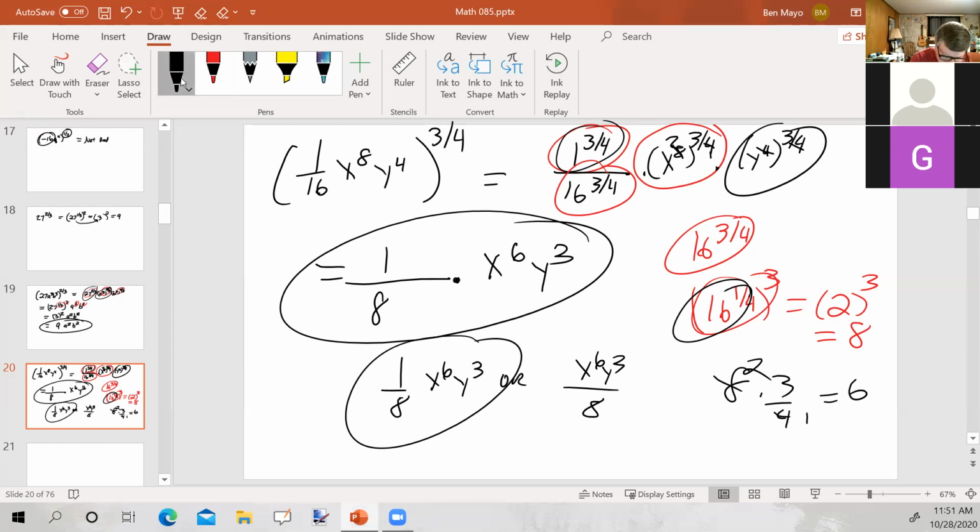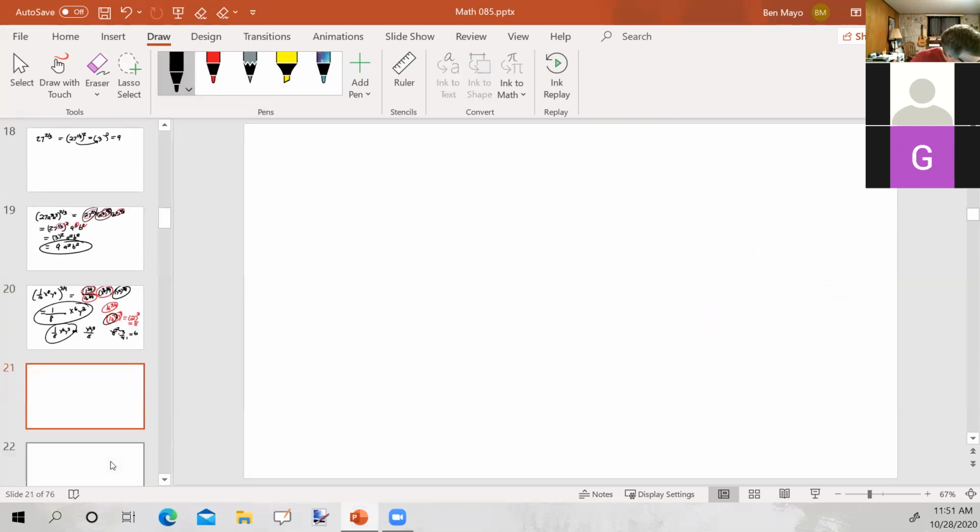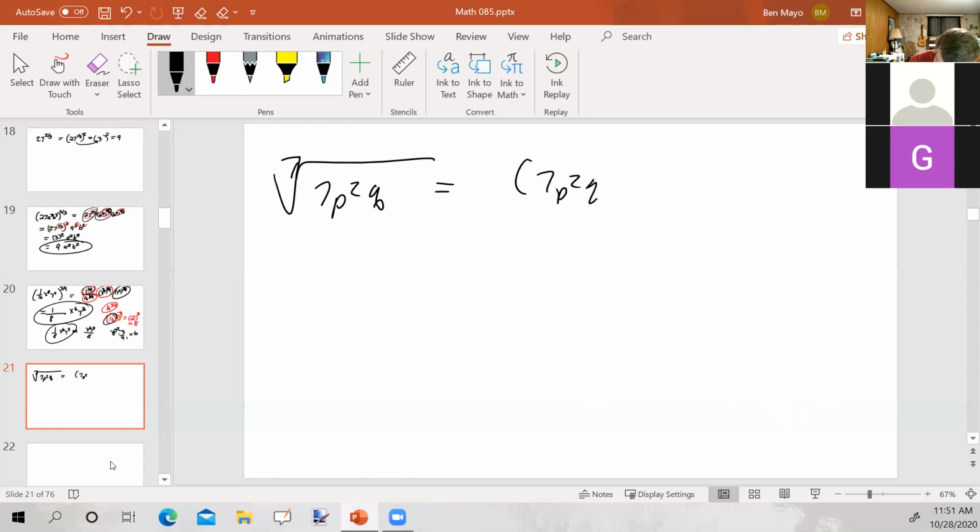Now, it says, change each radical to an exponential expression. So the 7th root of 7p squared q becomes 7p squared q to the 1/7th power. So the index becomes the denominator of the exponent. Okay.